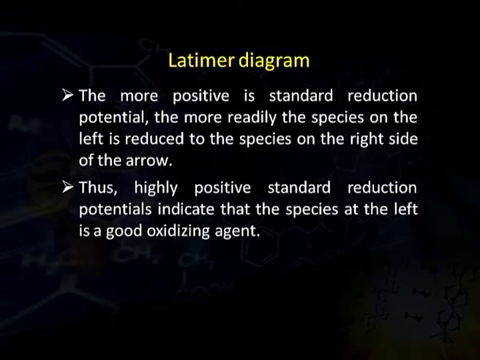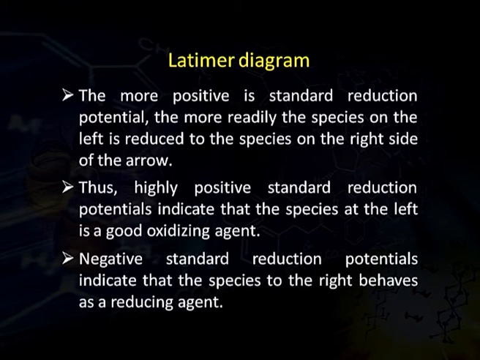Means across the arrow the two elemental states are present with their oxidation state, and the more positive the standard reduction potential value, the more readily it will be reduced to the species on the right of that arrow. Thus, a highly positive standard reduction potential indicates that the species at the left is a good oxidizing agent. A negative standard reduction potential indicates that the species to the right behaves as the reducing agent.